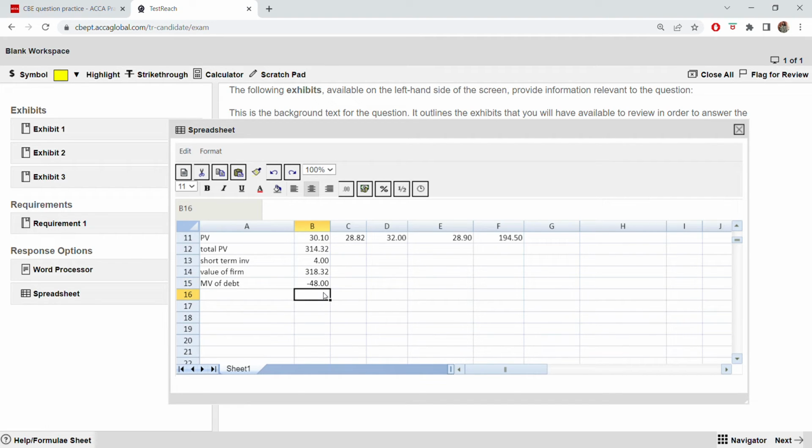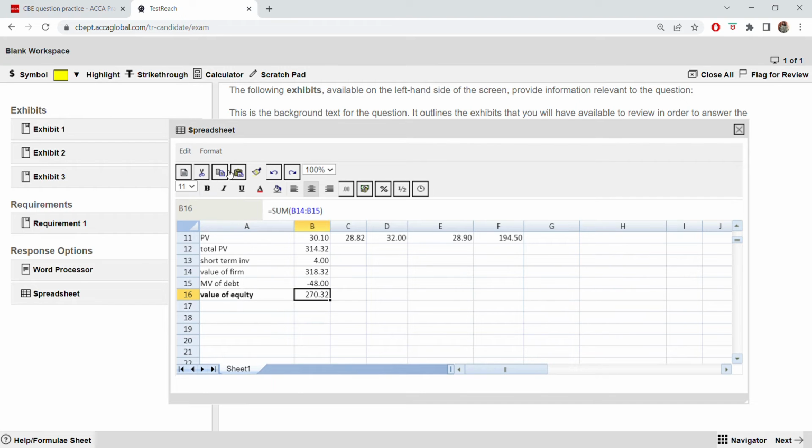Then value of equity. This is what the question asked. It is sum function. This now you can keep to 2 decimal places like that. You see what happened?